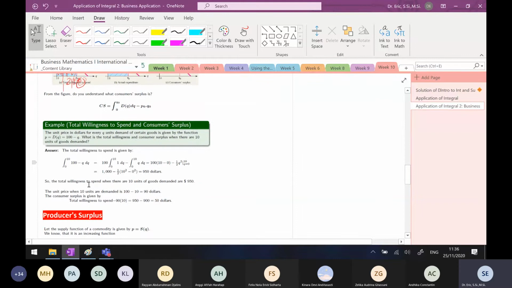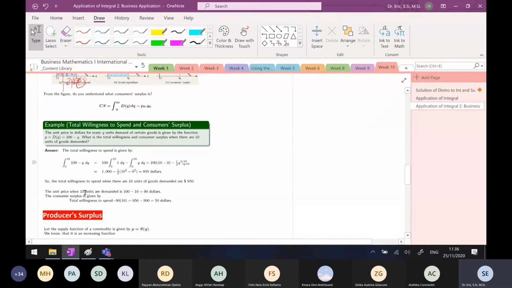Okay ya? But you bought it at, kamu belinya pada harga berapa? Q-nya 10. When Q is 10, the unit price is 100 minus 10. So you have $90.